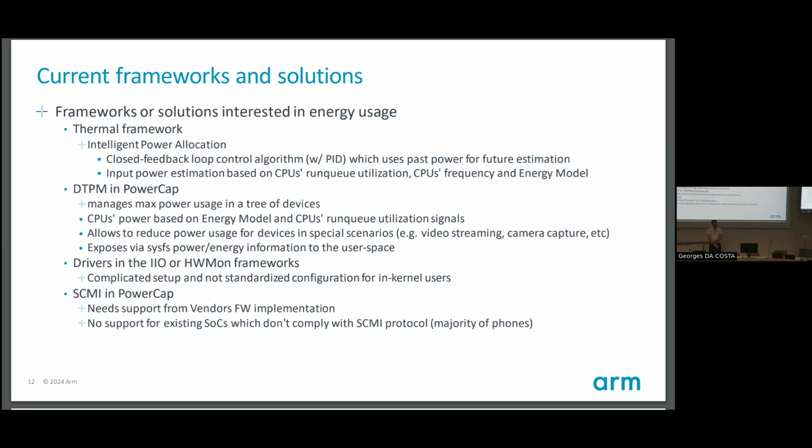We also have, in our Arm implementation, the SCMI protocol, which talks to our reference firmware. We can get power numbers from there, from those chips which support our firmware. But this is not currently the ultimate solution because we cannot force the vendors to deploy our firmware.